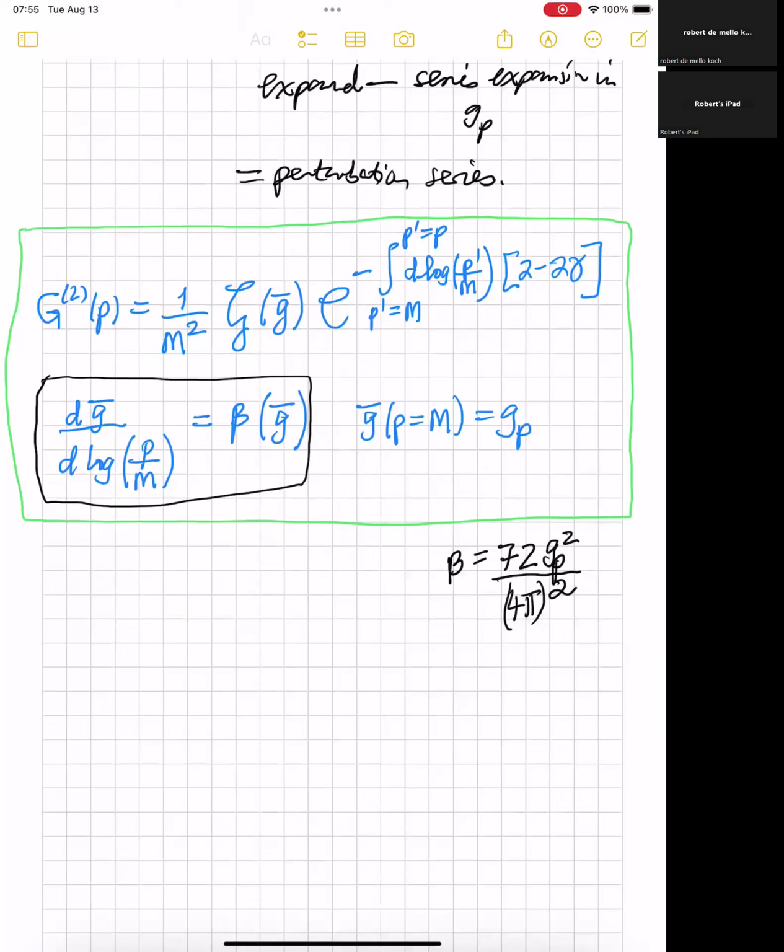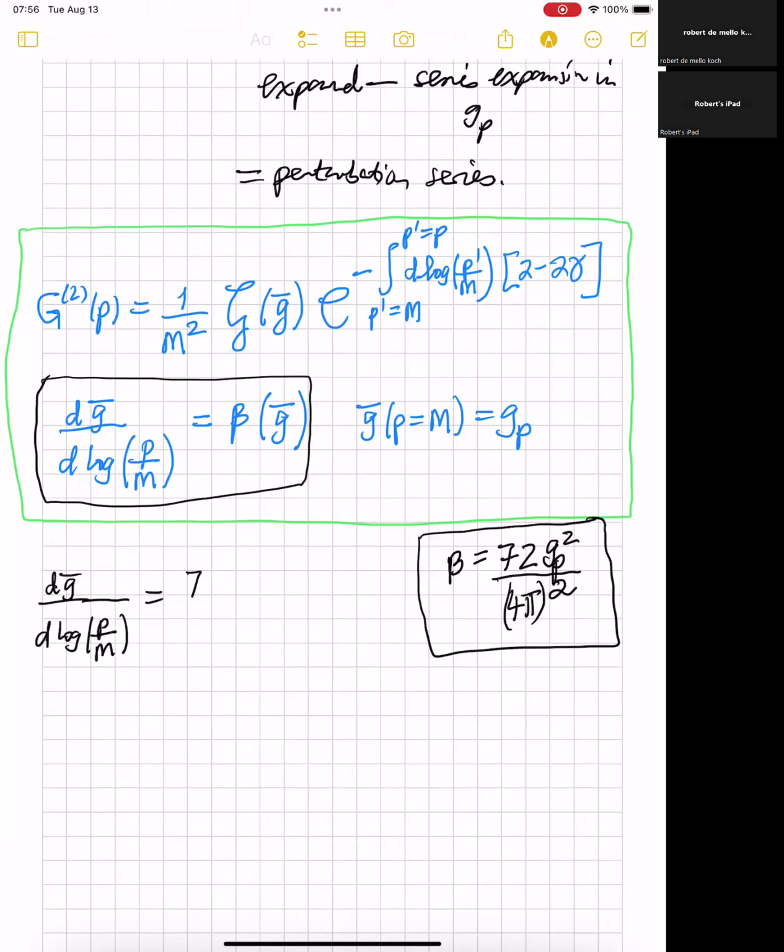Let's work out the running coupling for our phi-4 theory, for which we have already worked out the beta function. Beta was 72, the physical coupling squared divided by 4 pi squared. So to work out the running coupling, we need to solve the differential equation. d g bar over d log p over m is equal to the beta function.